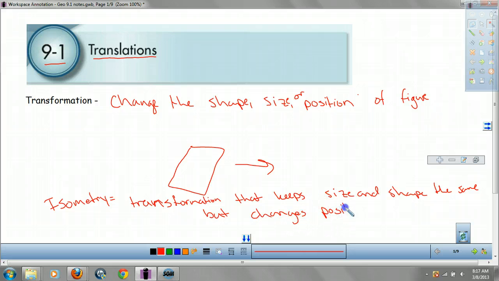So you're just moving something. You aren't changing what it is.